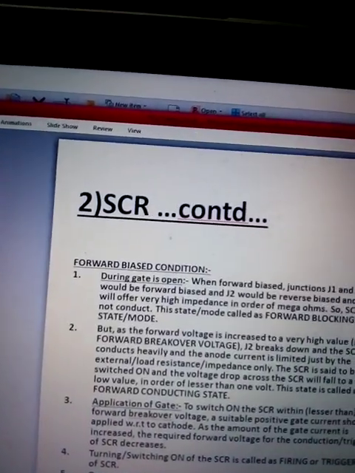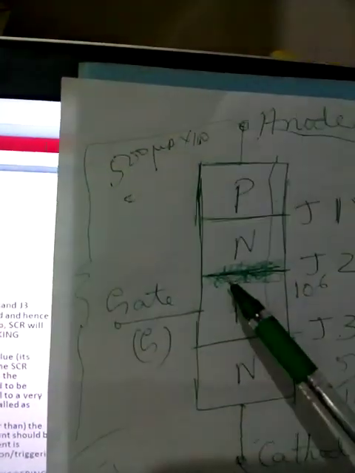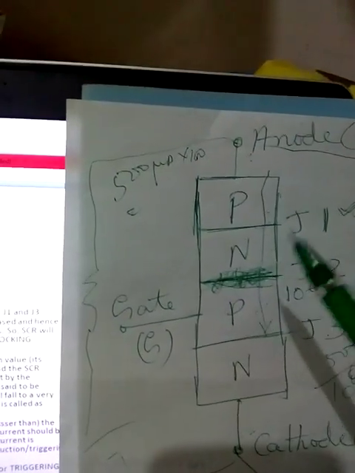But practically this method will not be applied because applying a high voltage is risky. So this method is never applied to switch on the SCR. Switch on means bringing the SCR into conduction, breaking the junction. So breakdown, turn on, switch on, triggering, firing the SCR all mean one and the same.